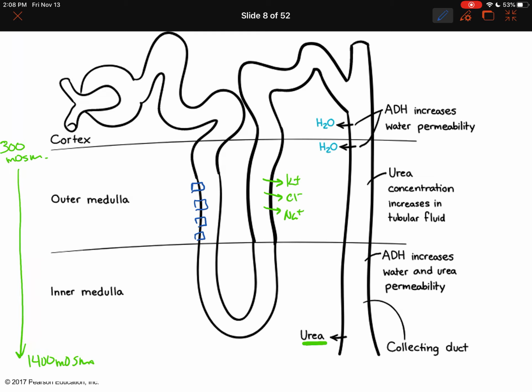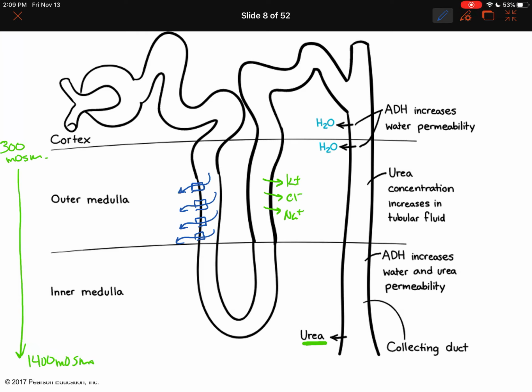The descending limb has aquaporin type 1, which is always present and always open. Water is subjected to this increasing osmotic gradient that's set up by our solutes, and so water is going to move out down its osmotic gradient, out of our fluid.